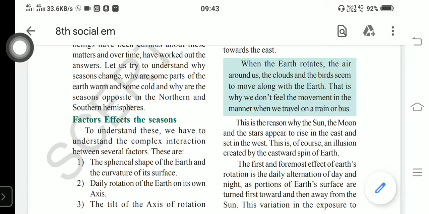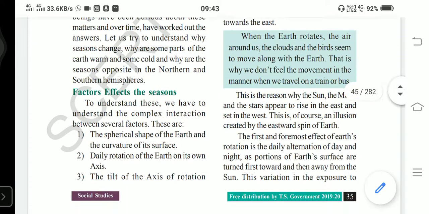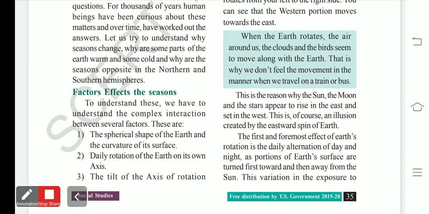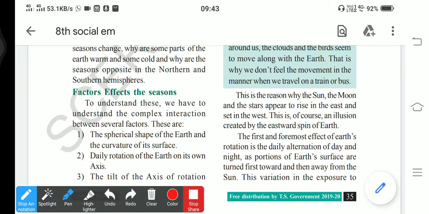Here there are four factors which influence the seasons. First, the spherical shape of the earth and the curvature of its surface. Second, the daily rotation of the earth on its own axis.